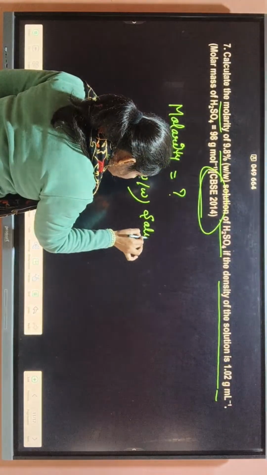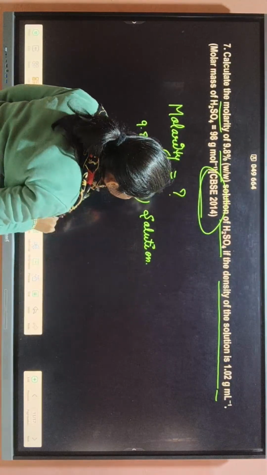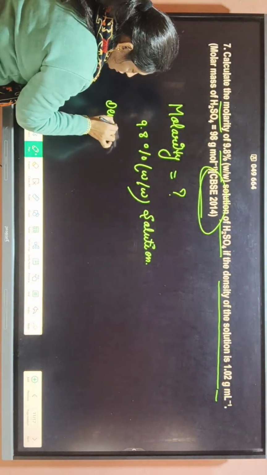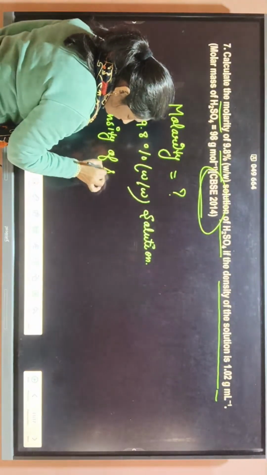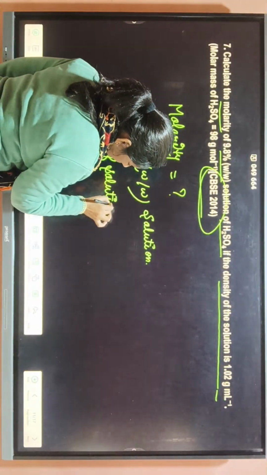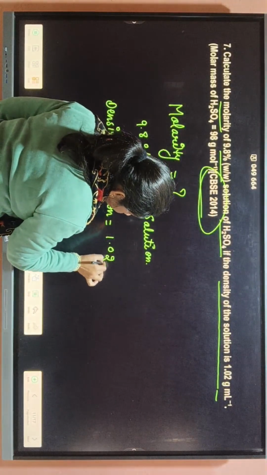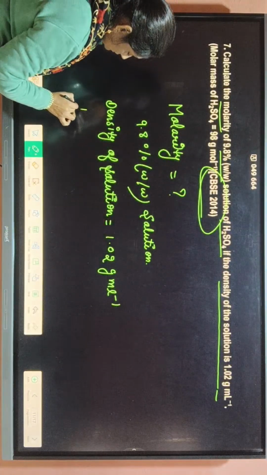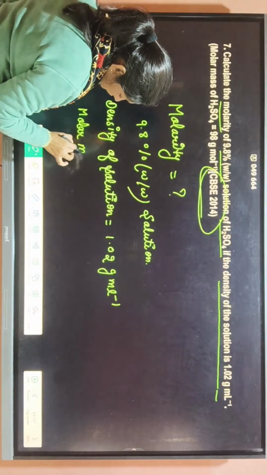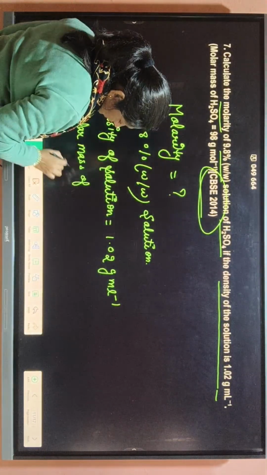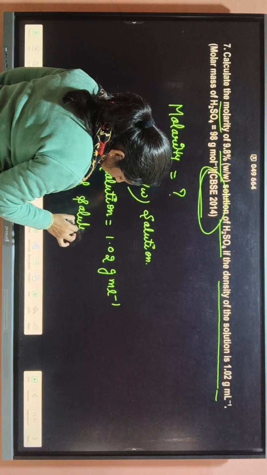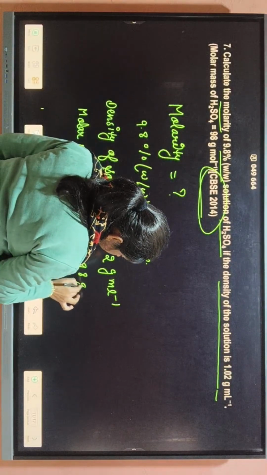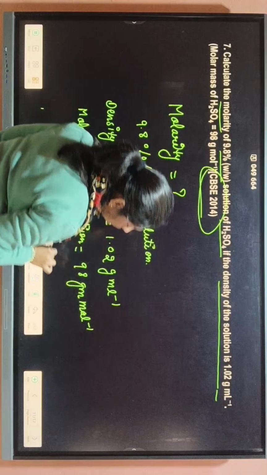The percentage of the solution is given, then the density of the solution is also given, 1.02 gram per milliliter. The molar mass is also given, 98 gram per mole.